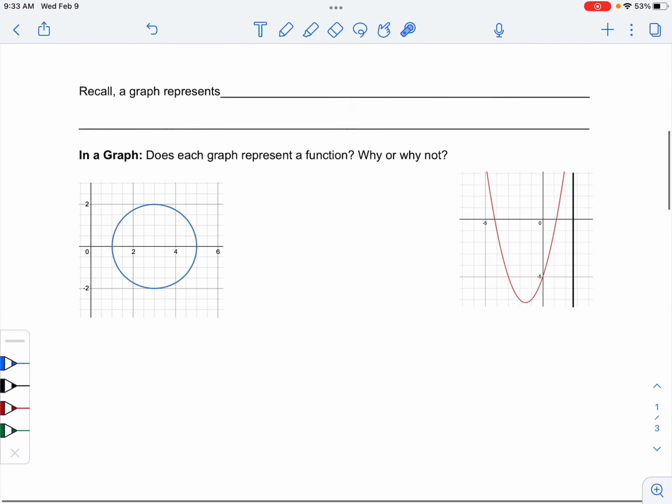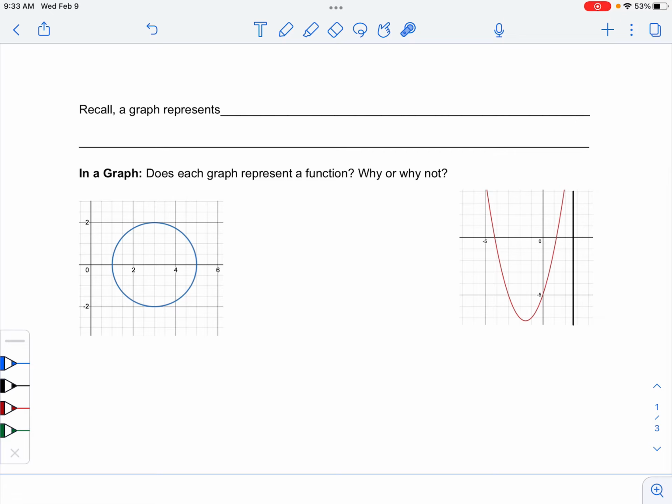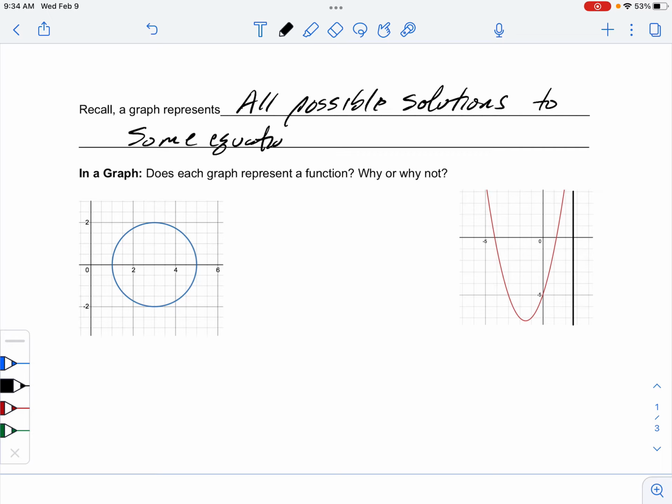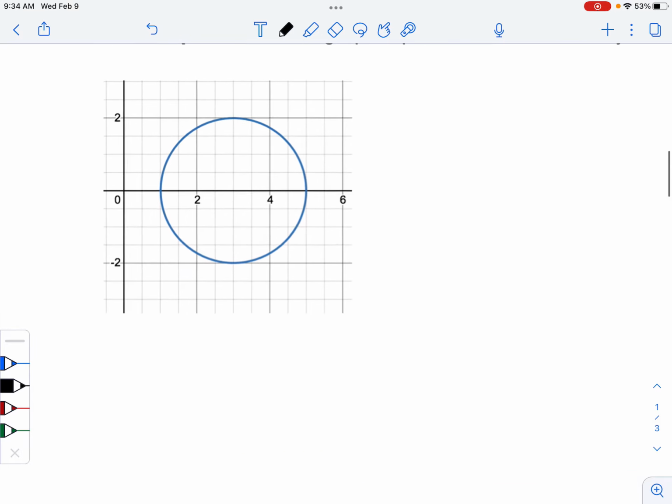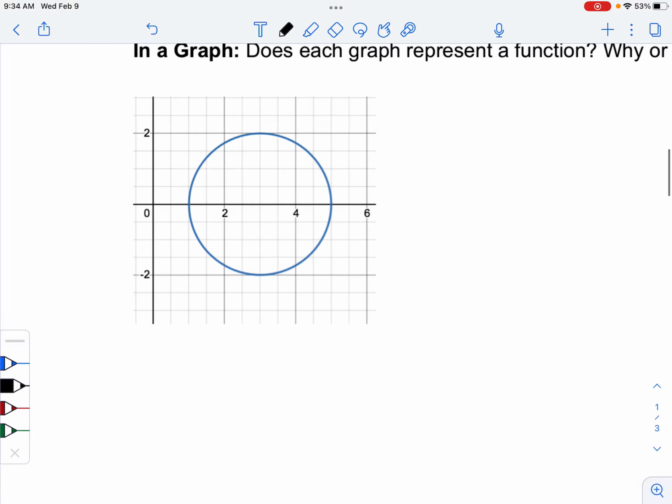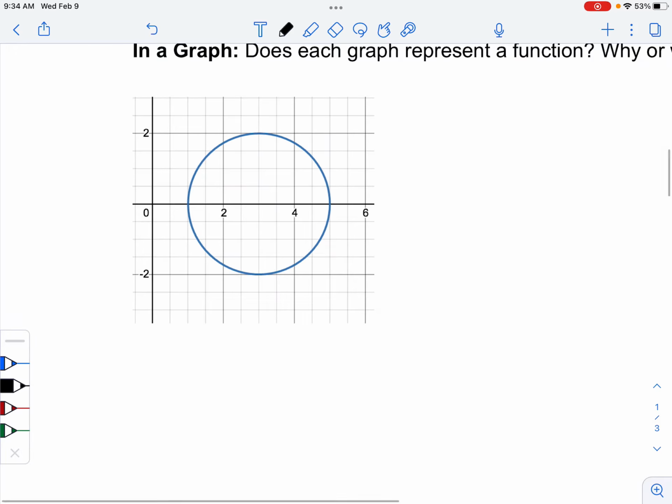Moving on to graphs. It can be helpful to remember what a graph is and how it represents an equation. A graph represents all possible solutions to some equation. This circle is a representation of some equation.